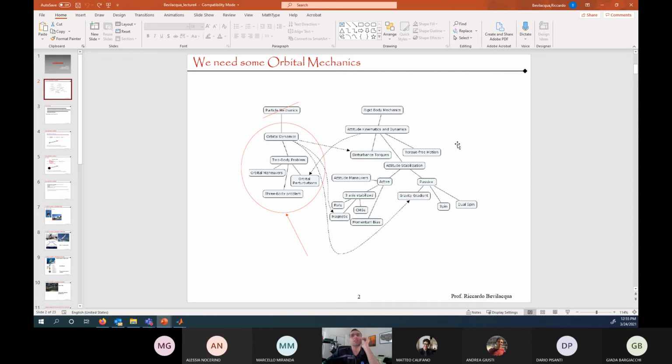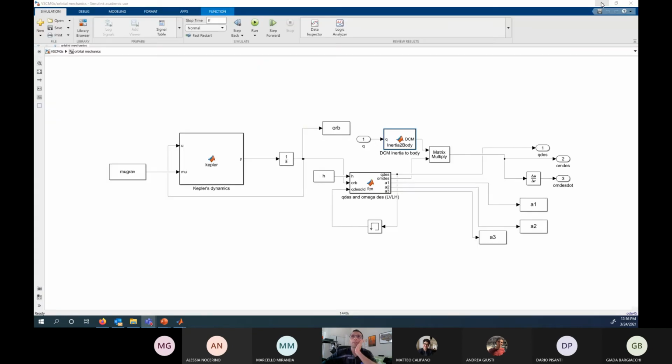They need to be pointed in a certain direction, and that direction can only be defined if you know where you are on your orbit. So I'm really not a fan of separating orbital mechanics from attitude mechanics too much, but unfortunately that's what happens in most classes. But they need to go together. No more questions on these?